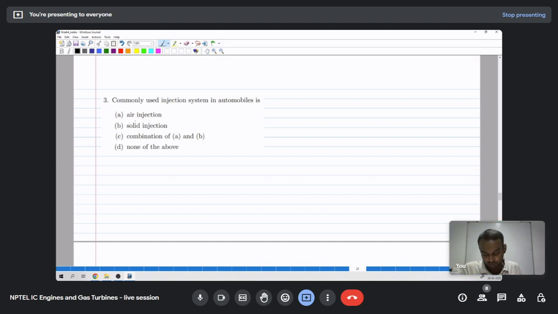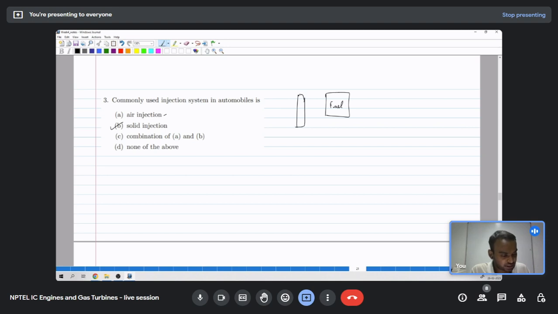So solid injection is the answer. What is solid injection? So fuel is injected separately. In case of air injection, it is injected into the cylinder with the air. In case of air injection system, in order to pressurize the fuel, we use high pressure air.